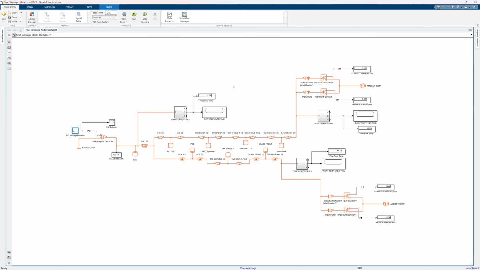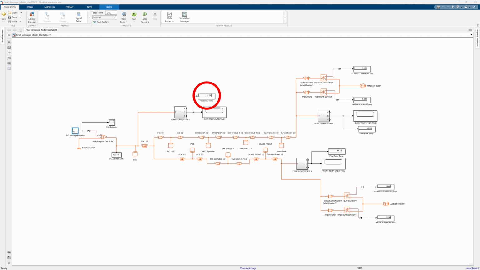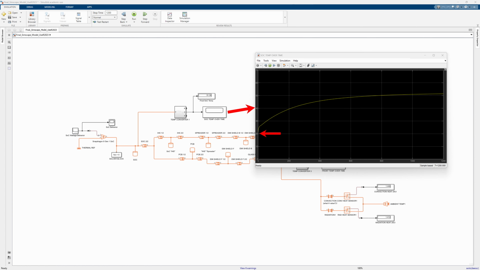So at the end of the simulation, you can see that our CPU, as expected, is the highest temperature, being about 51 degrees Celsius, with our back temp at 49 and our front temp at 44. So if we want to take a look at what our CPU looks at over time, you can see it starts at roughly room temperature here, about 22, and then it tapers off once it gets to about 51 degrees Celsius.